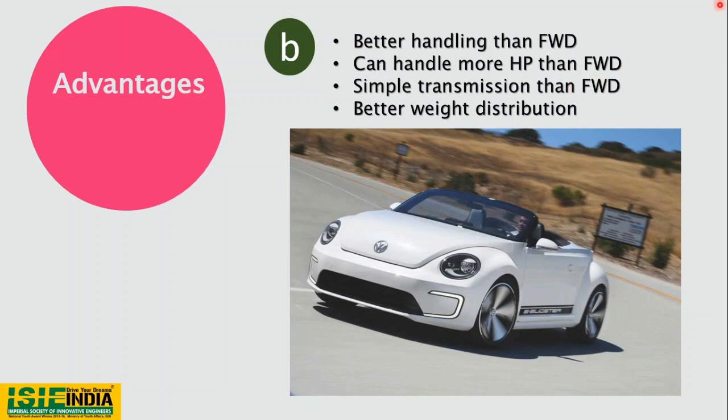compared to the front wheel drive. Next is the simpler transmission than the front wheel drive, because all the power, if it's placed at the front, goes to the rear and is then transmitted by the drive shaft, then the differential and the wheel.